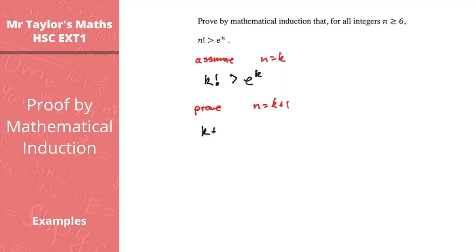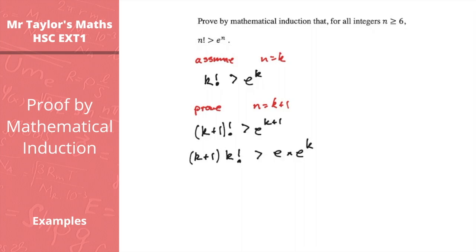So k plus 1 factorial is greater than e to the k plus 1. Well, factorial, of course, I could write my left hand side as k plus 1 times k factorial, and I could write my right hand side as e times e to the k.